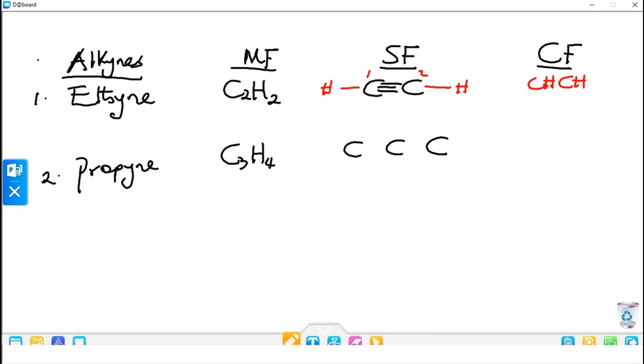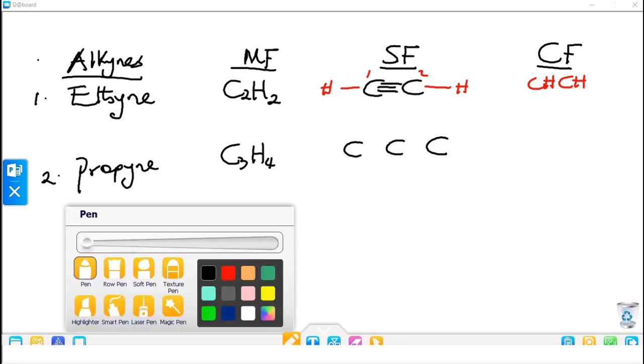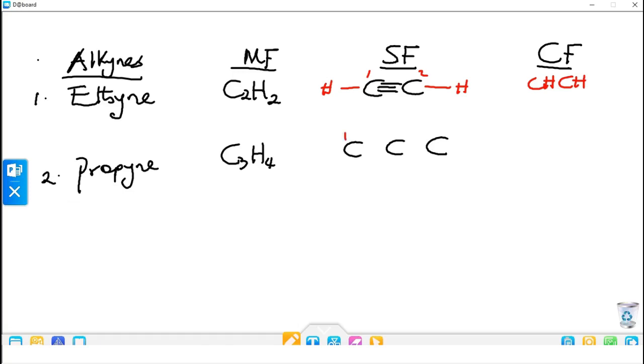Like we saw in alkenes, we must place our triple bond either between the left extreme carbon, which we've designated as carbon 1, and carbon 2, or if we are to begin from the right hand side, we may choose to place our triple bond between carbon 3 and carbon 2. So either way is fine.